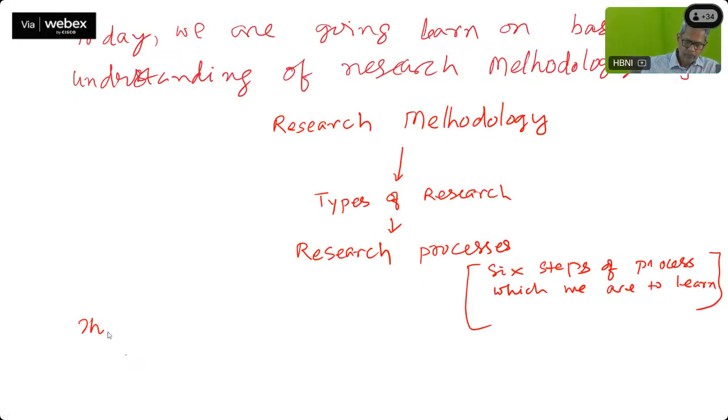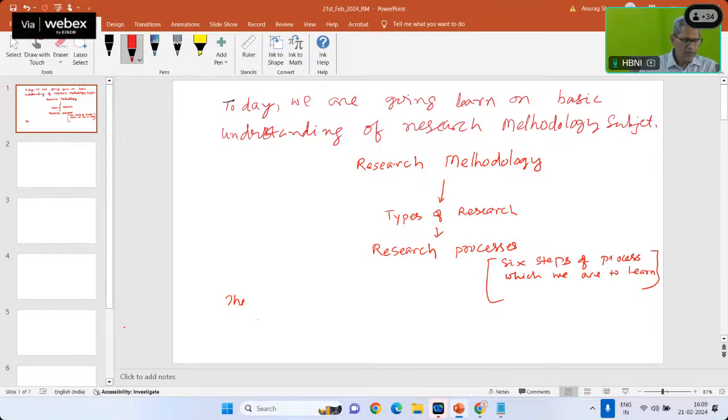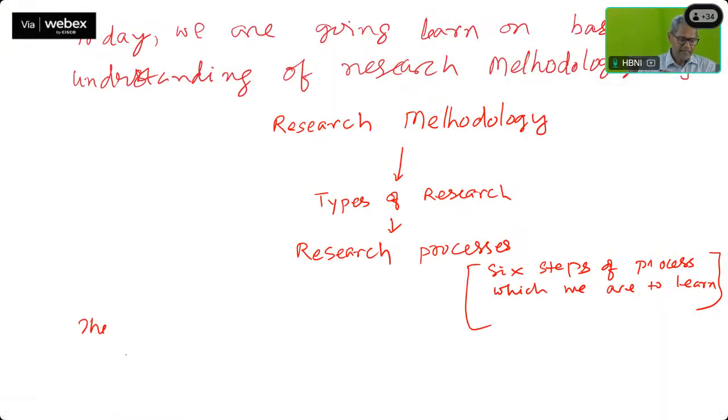The definition of research methodology is the specific procedures or techniques used to identify, select, process, and analyze information about a topic. Let me write it down because this is a very important statement.